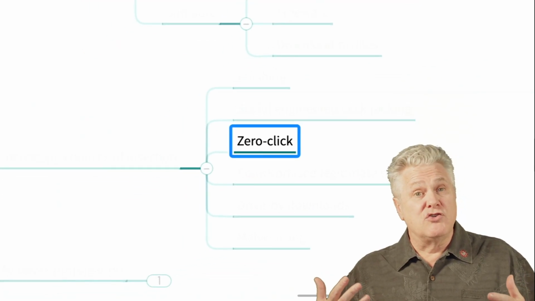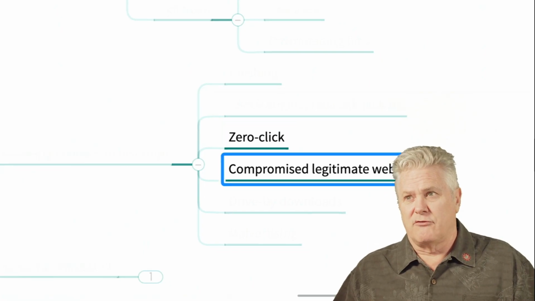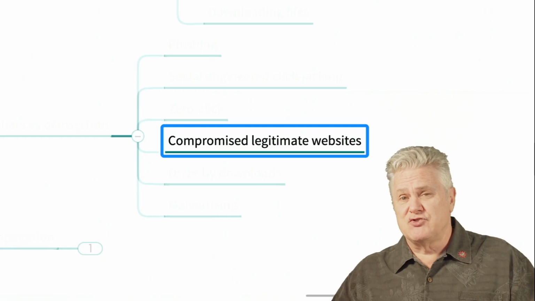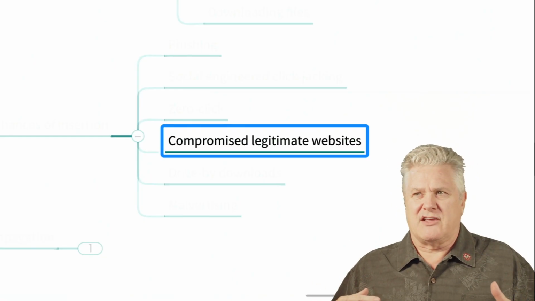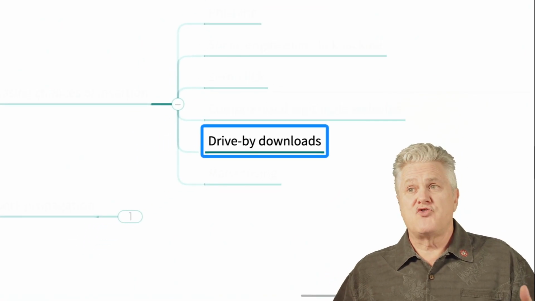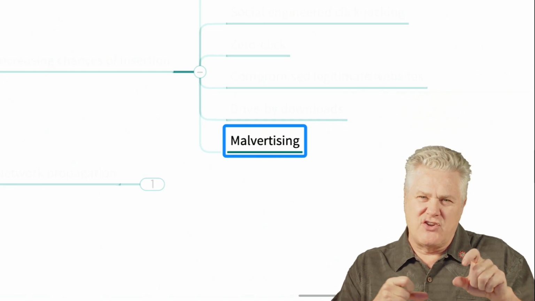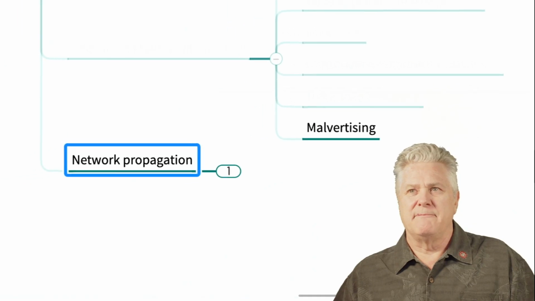They may even do zero click, which is a form of attack against certain phones that are out there. Instead of compromising you directly, suppose you go to a location. These are called watering hole attacks, where we compromise legitimate websites or do drive-by downloads or malvertising that's out there. And again, I'll show you that when we build our fake Trojan a little bit later on.